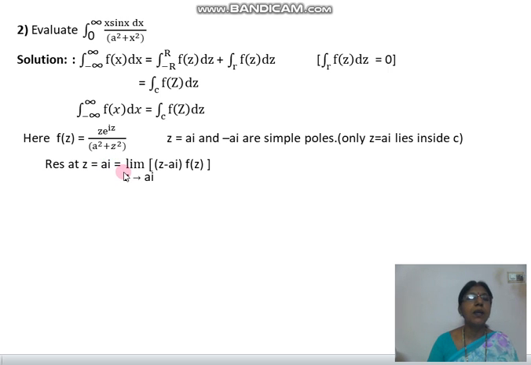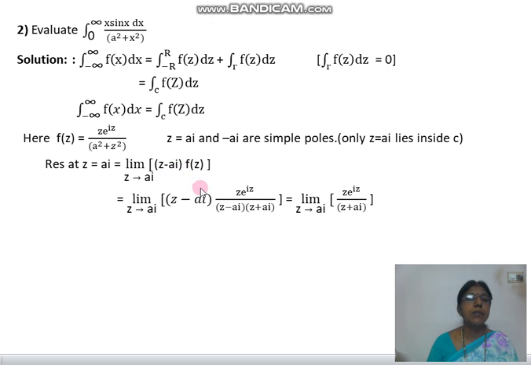This is a simple pole. Now the formula is limit z tends to ai, z minus ai into f of z. In place of f of z you put z e power iz by a square plus z square, split into factors. z is equal to ai is a root, so z minus ai is a factor; z is equal to minus ai is a root, so z plus ai is another factor.